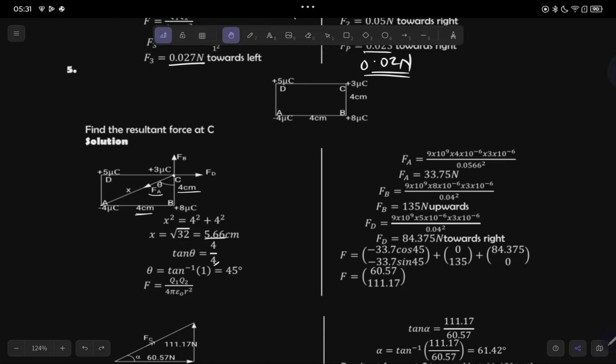Let's begin. And we also use the principle that horizontally, right is positive and left is negative. Then vertically, upwards is positive and downwards is negative.